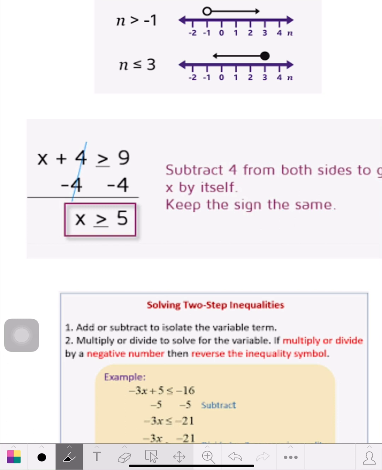You got to get rid of the 4, so you subtract 4. You cross each other out, and you subtract 4 from the 9, so you get 5. So keep the sign the same. And I'll tell you in a second when you change that, okay? It'd be on the next one, the two-step inequalities. So it's x is greater than or equal to 5. Keep the sign the same.